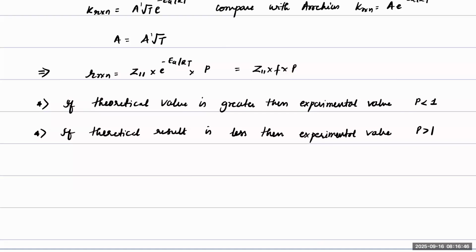Probability factor is actually supposed to be less than 1. If theoretical value is less than that of experimental value, then probability factor has to be greater than 1.